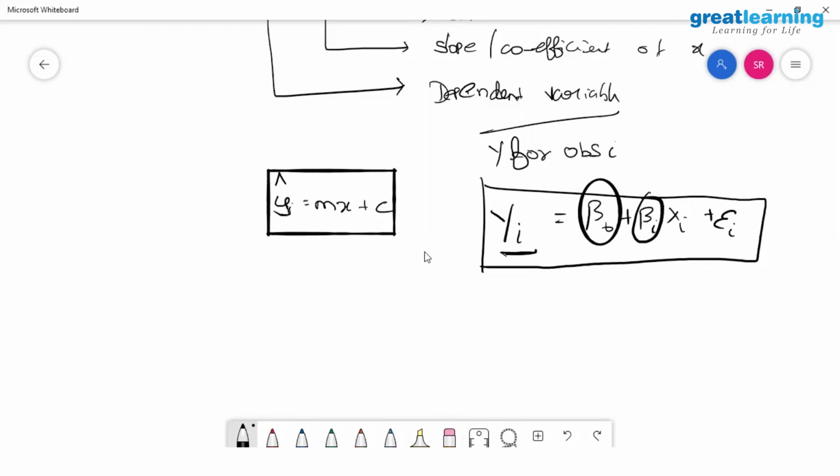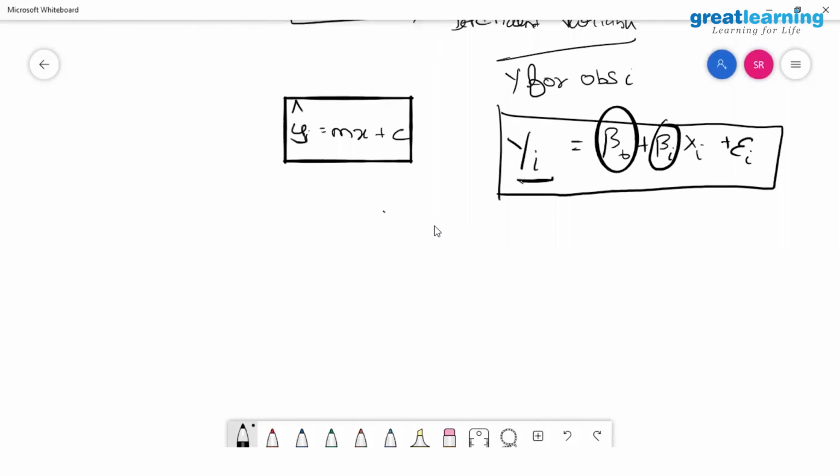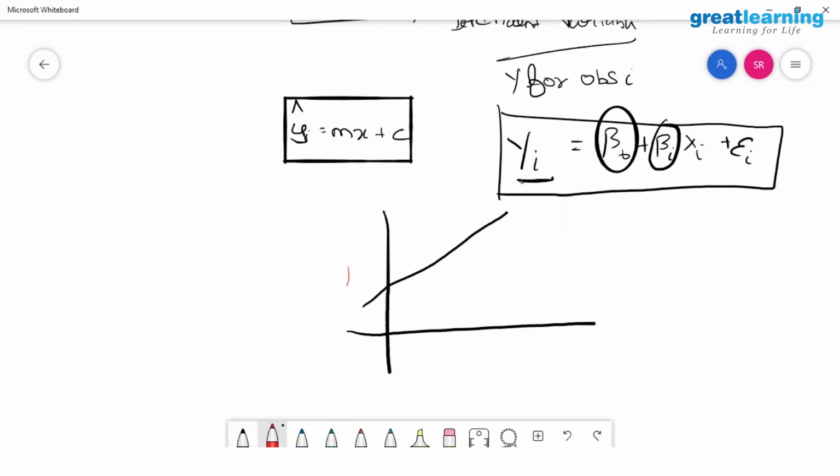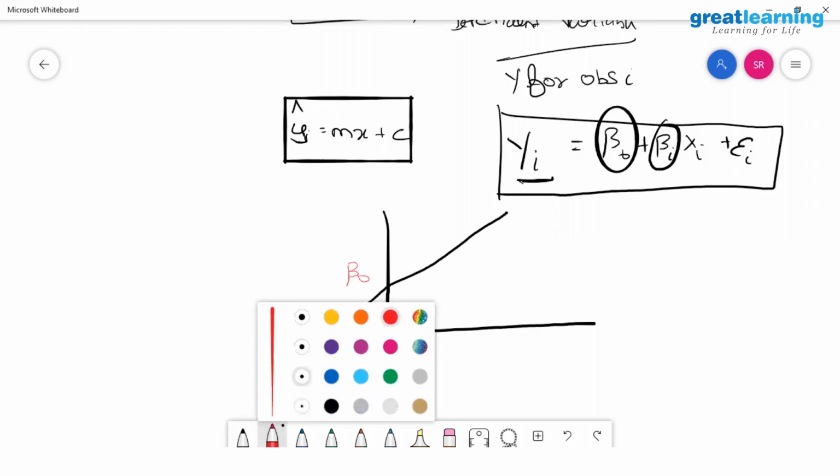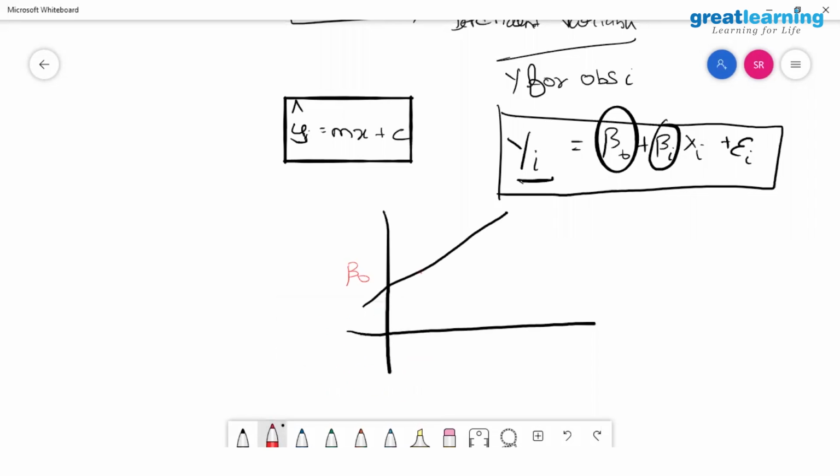So what am I trying to tell here is, if I have an x and y axis, and this is a linear line, for B0, for a unit change in x, what is the unit change in y?